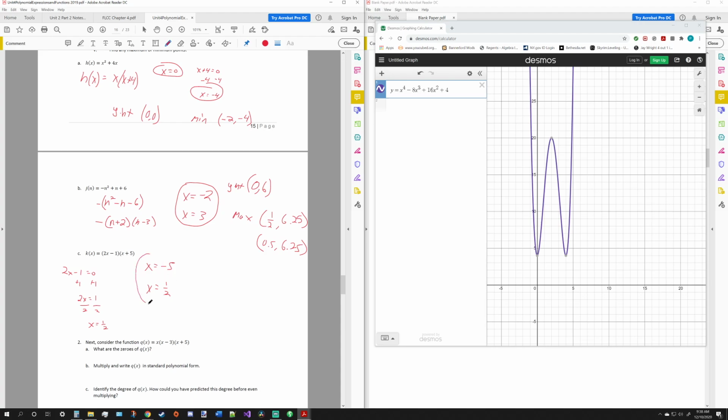And so there's my two roots and my y-intercept.